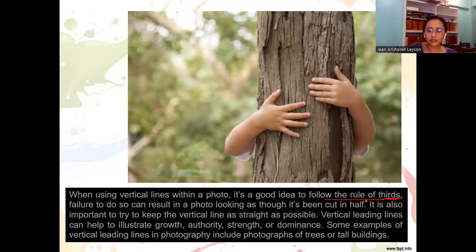Vertical lines or vertical leading lines can help to illustrate growth, authority, strength, or dominance. Some examples of vertical leading lines in photography include photographs of trees or tall buildings. So just like this one right here in this photograph.